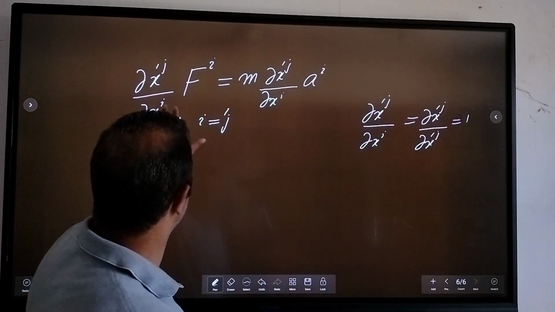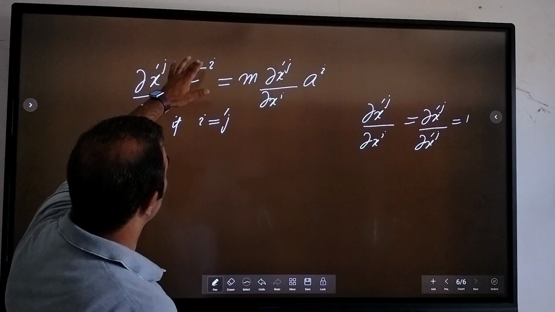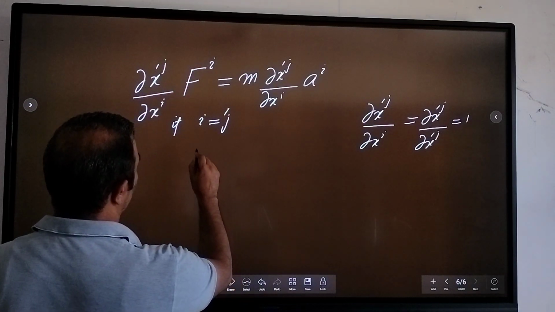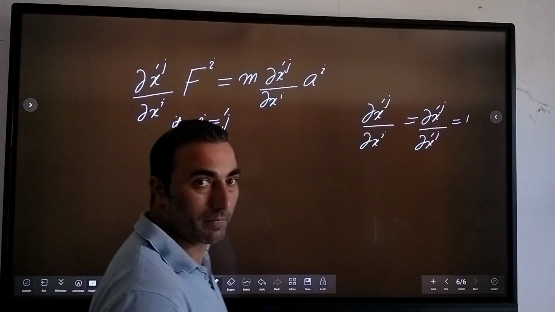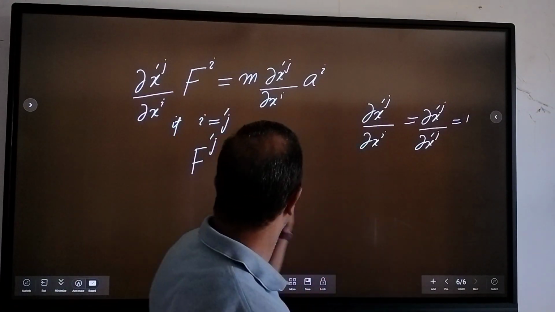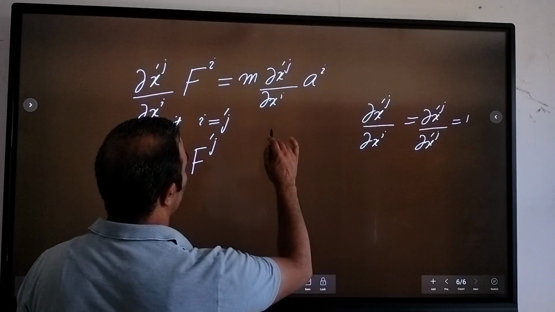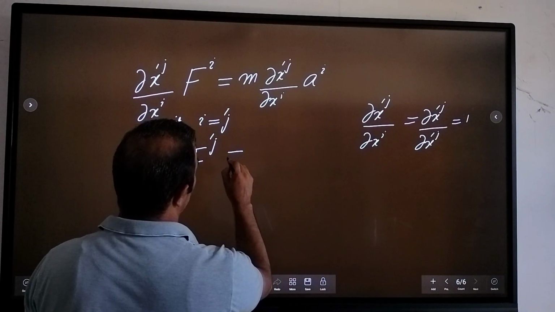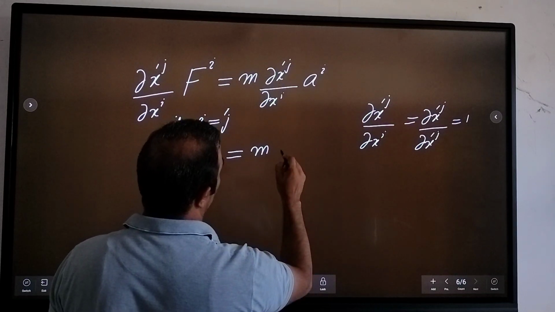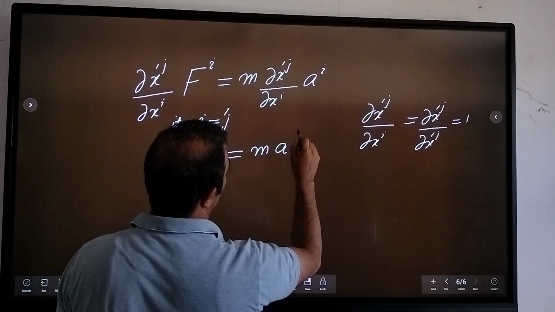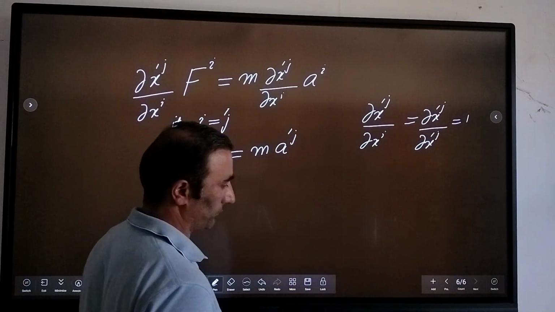Okay, so ये term 1 बन जाएगी, and what is this? So this will be fj prime, right? Because i equal to j prime, and similarly our right hand side will be equal to m, and this term again will be equal to 1, and this will be aj prime.